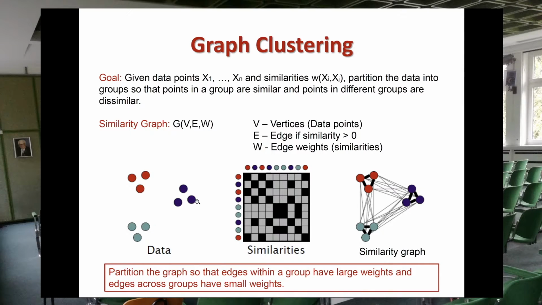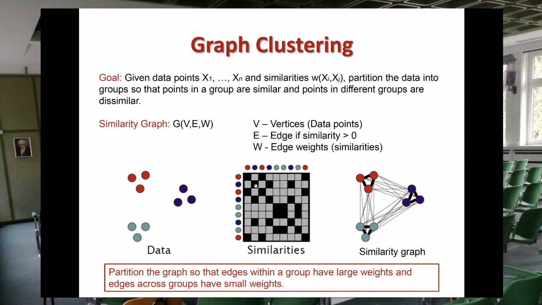So suppose that we have 3 groups of points. We need to build a matrix with the similarity weights. If you have, for example, 10 points, you will build a 10 by 10 matrix, and in each entry of this matrix you will put the similarity measure between those nodes.